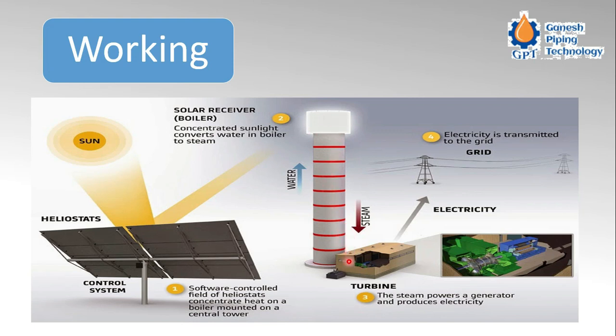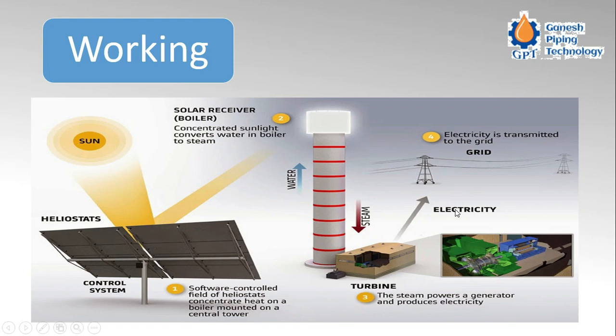The steam, which is dry saturated or superheated steam, is then sent to the turbine house, where the steam expands and the steam turbine produces the electricity, because the steam turbine is connected to the generator. This is the steam turbine, in green color, and this blue color is the generator from where we get the electricity.